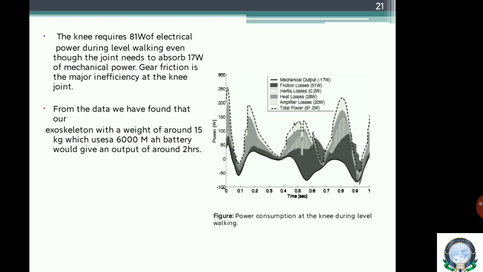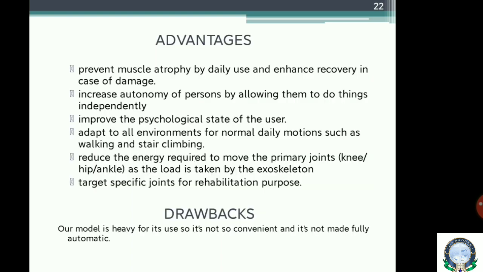Next slide, we have the advantages. Here, firstly, it prevents muscle atrophy and can also enhance recovery in case of damage. Next, autonomy of the user by allowing them to do things independently.